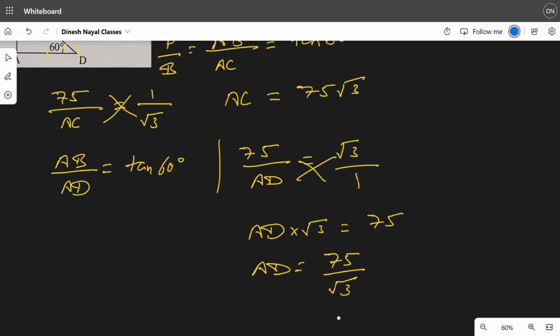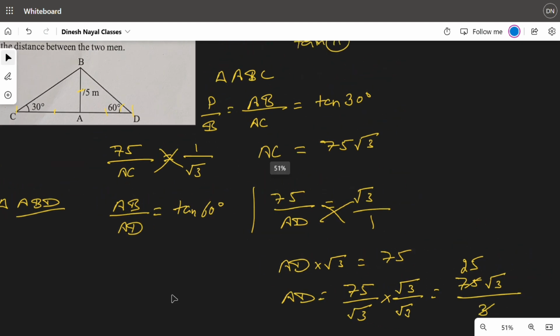Now you can see root 3 over here, so we will rationalize it. So this will be 75 root 3, and now root 3 into root 3 will be 3, and this goes 25. So this is 25 root 3. Now the value of AD is 25 root 3.